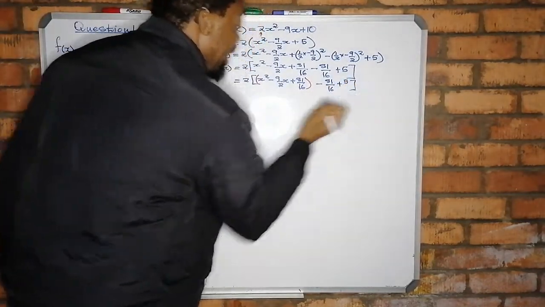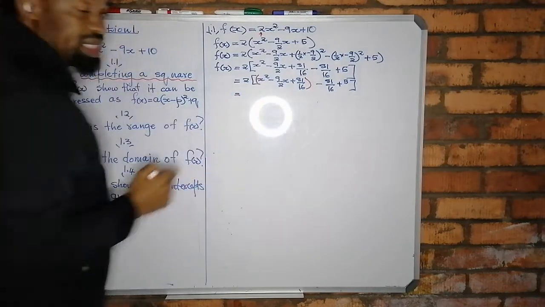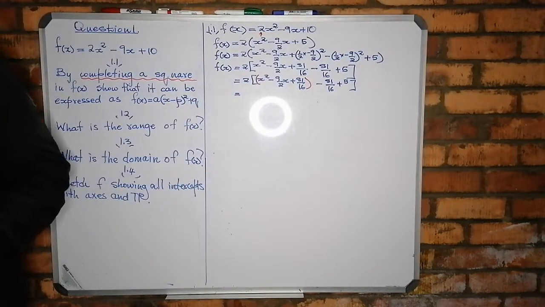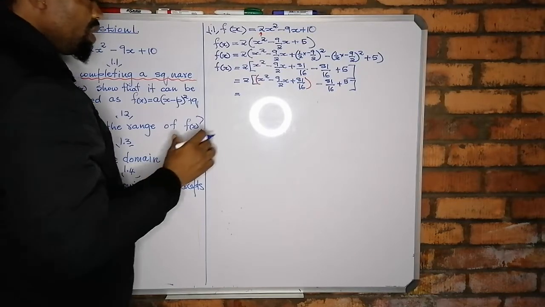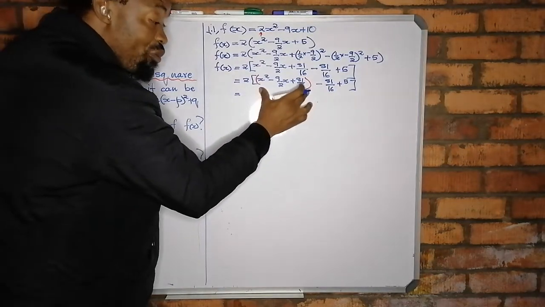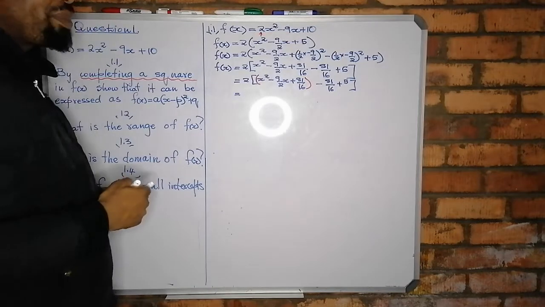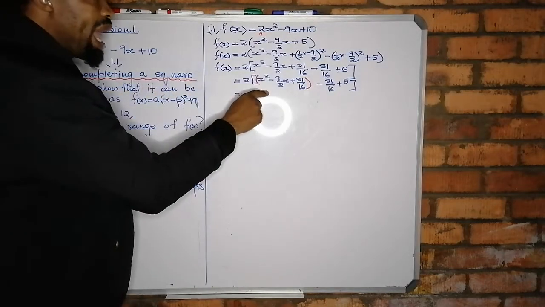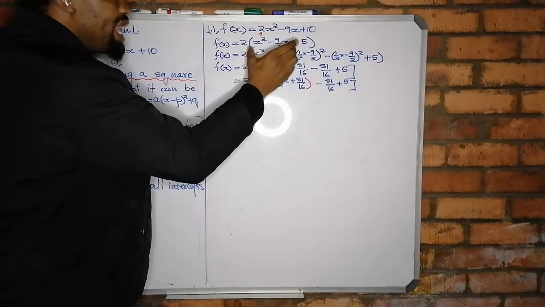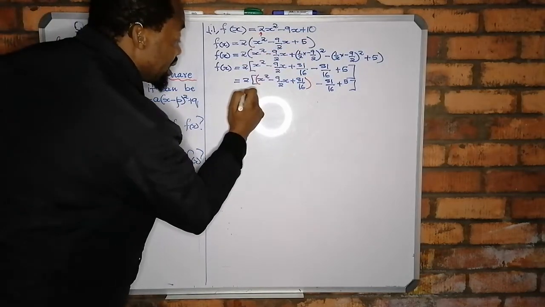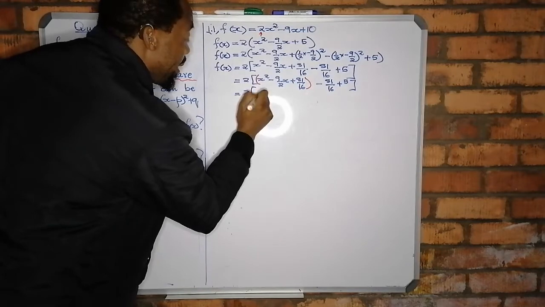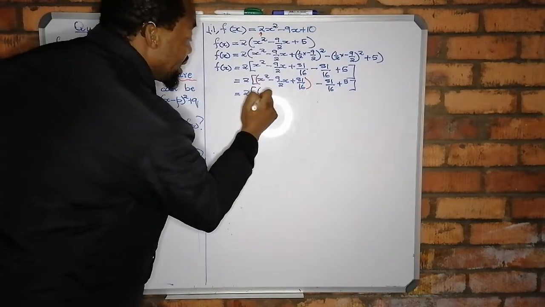Let's close that there, which is equals to, now from here, folks, I'm going to factorize this. Remember, I said completing a square. You are making this a perfect square. Let's factorize it. That is 2 into, I keep this bracket.